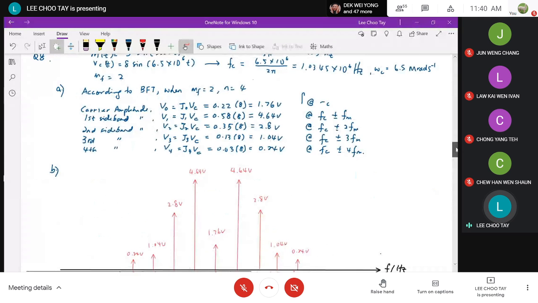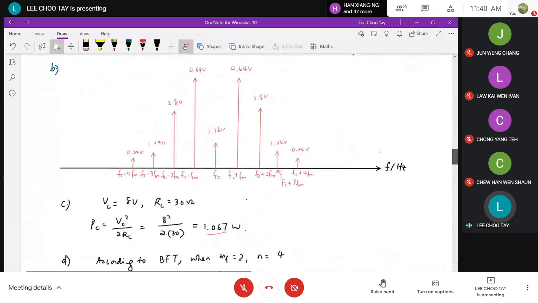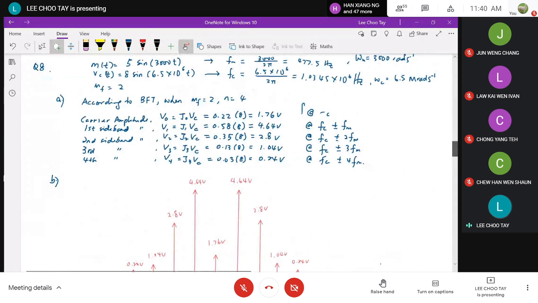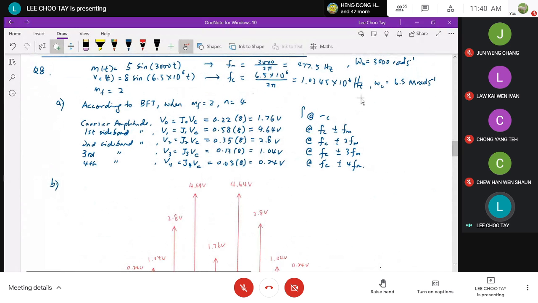Again, from your equation, always make use of your equation. The equation is given to you for a reason. My message is 5 sin 3000t. My carrier is 8 sin 6.5 times 10 to the power of 6 t. From here I can deduce that this 3000 is omega.